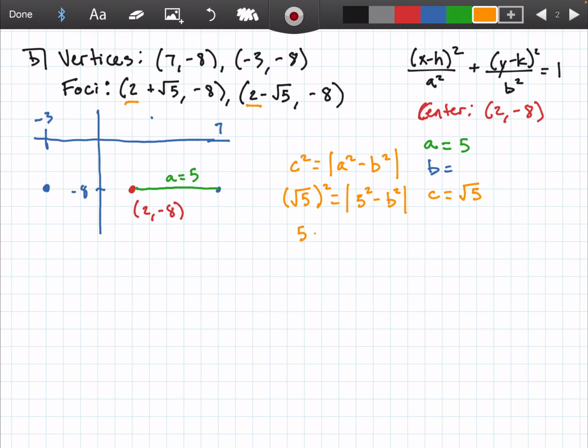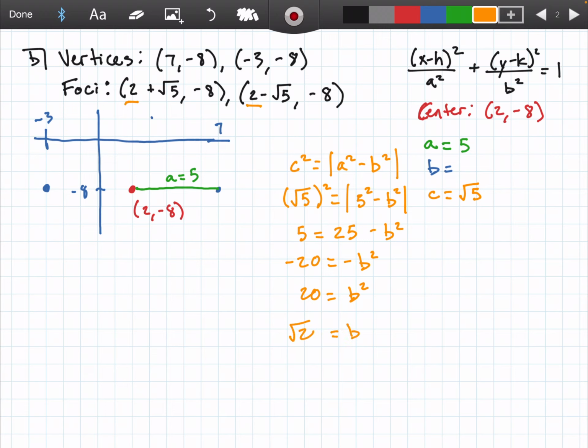So we get 5 equals, I'm just going to drop the absolute value because I don't want to worry about it, 25 minus B squared. Minus 25, we get -20 equals -B squared. Drop the negatives, 20 equals B squared.